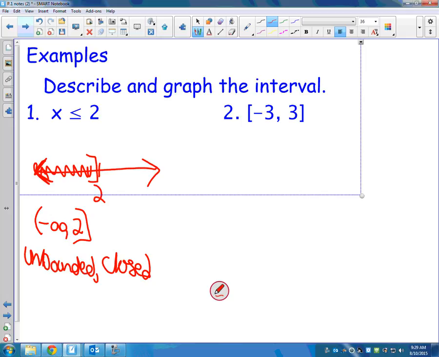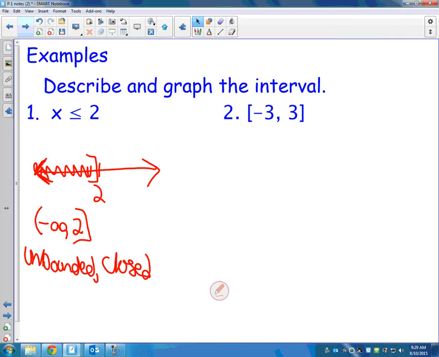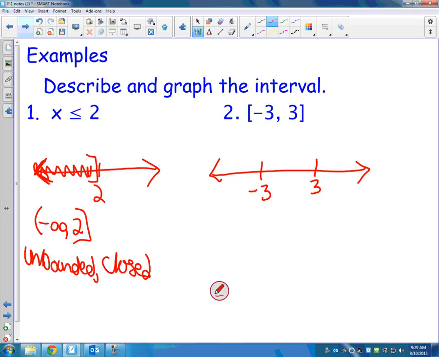What about number 2 here? Again, I'm not really picky. That's how I would make my number line, and I'm okay with you making your number lines like that. If you want to add more numbers, you can.